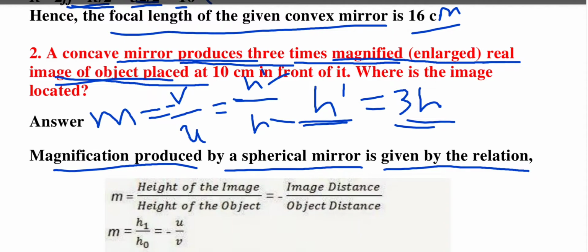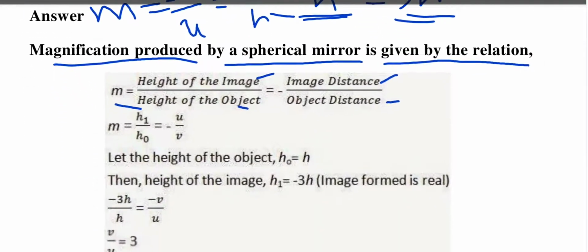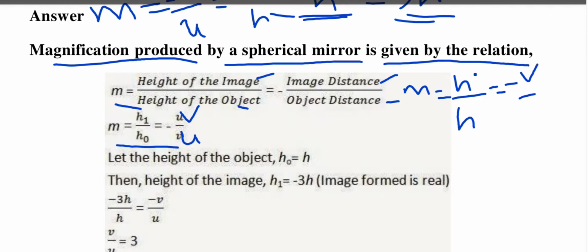So m is equal to height of the image by height of the object, which is equal to minus image distance by object distance. So m is equal to h prime by h is equal to minus v by u.